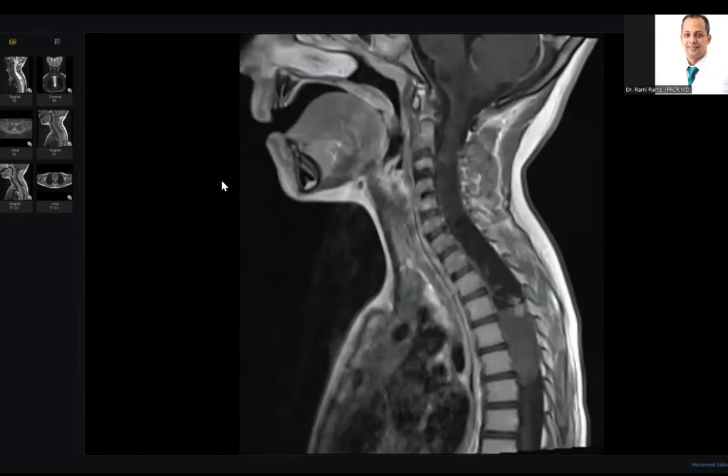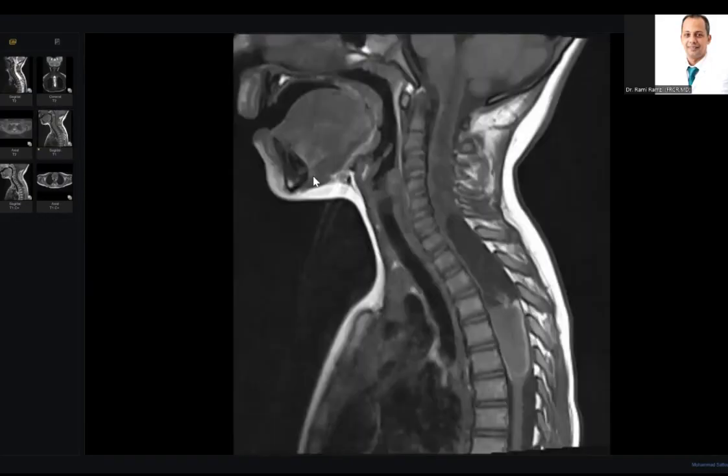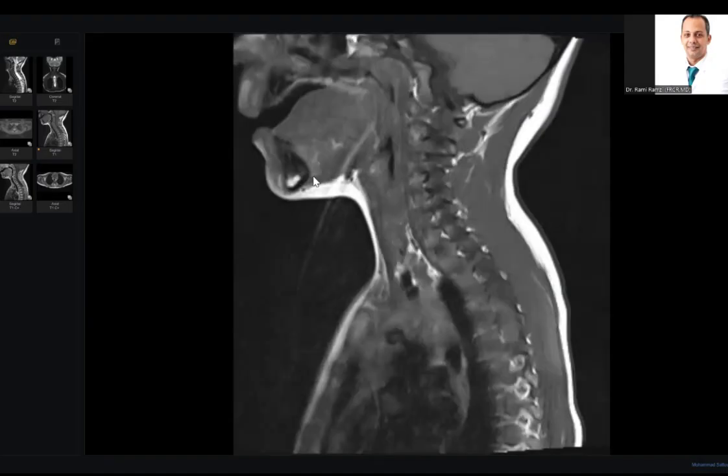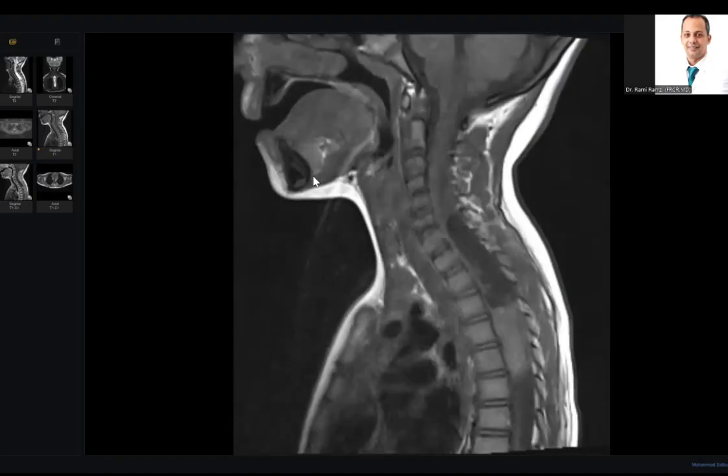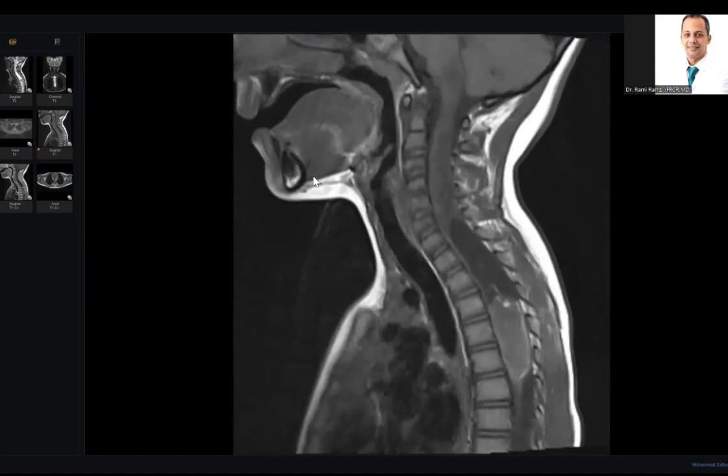So in T1 post-contrast, in my practice I compare both the pre and post-contrast for any enhancement. What I can say is that there is peripheral enhancement.